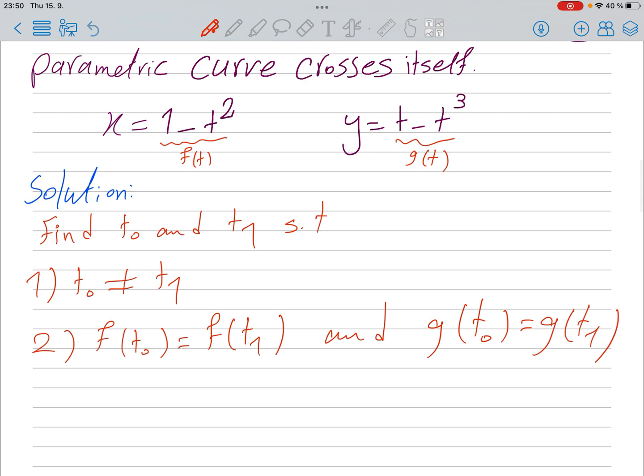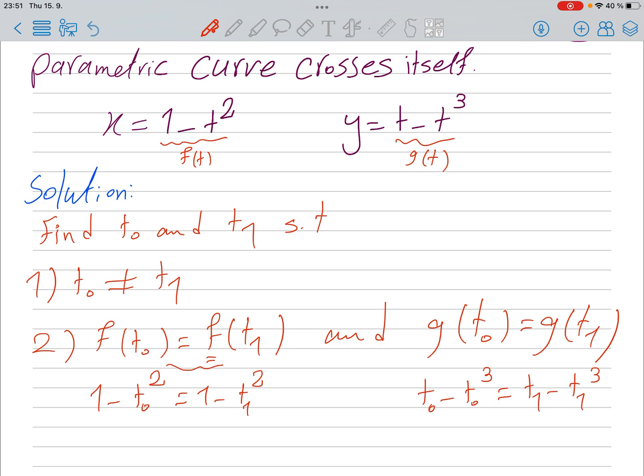Now let's just substitute things here. So f of t0 is 1 minus t0 squared, which is equal to f of t1, and f of t1 is equal to 1 minus t1 squared, right? And here g of t0 is t0 minus t0 to the third, which is equal to g of t1, and g of t1 is equal to t1 minus t1 to the third, right?